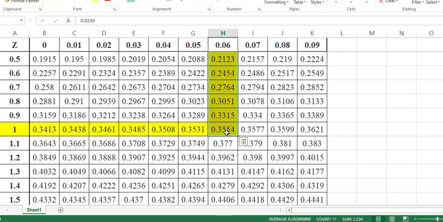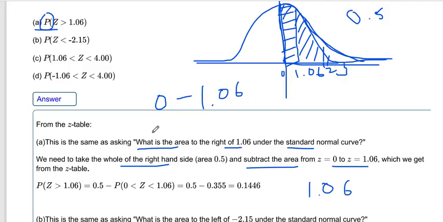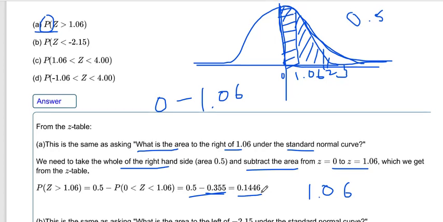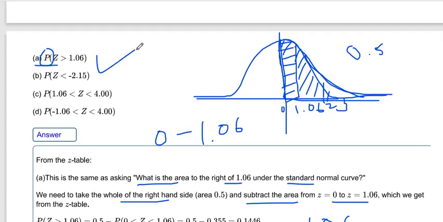Where they meet is our value of 1.06. It is 0.3554. You can take 3 decimal values also, 0.355. So we just have to subtract 0.5 minus 0.355, which is 0.4446. We get the answer of probability A.